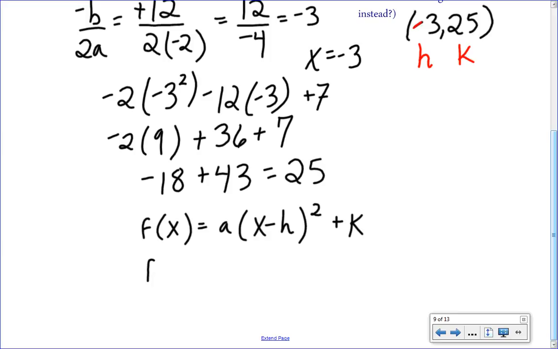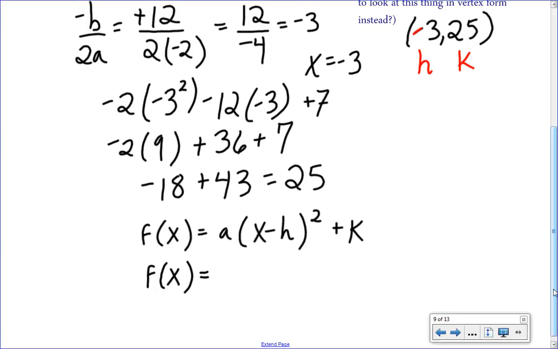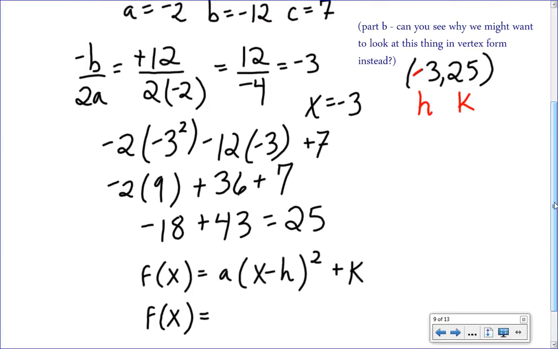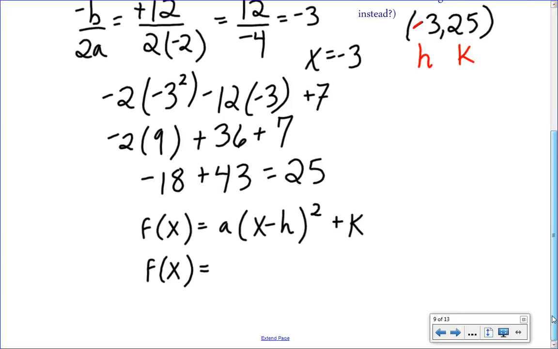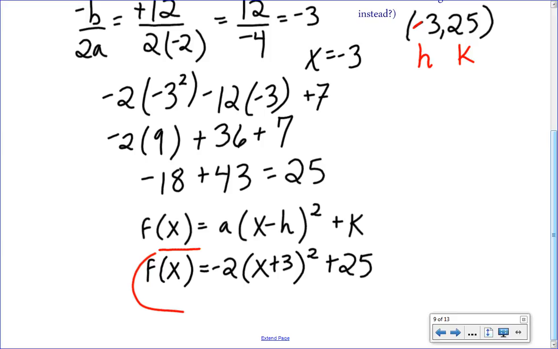So this gives us, we just retain our original a value. Let's recall what our original a value was up here. Our original a value was negative 2. We just take that same original a value, negative 2, times x minus negative 3, so plus 3, squared, and then plus our y-coordinate of our vertex, which is 25. So this is our same equation, but now it's in vertex form.